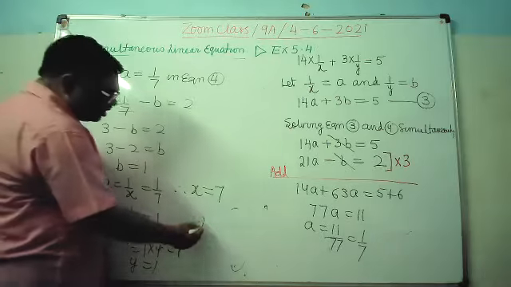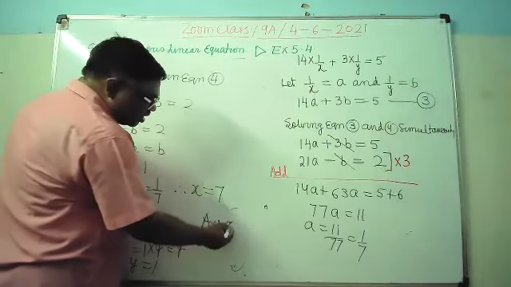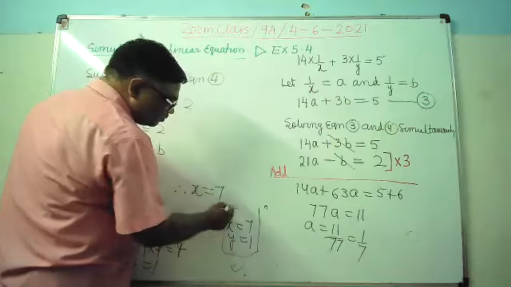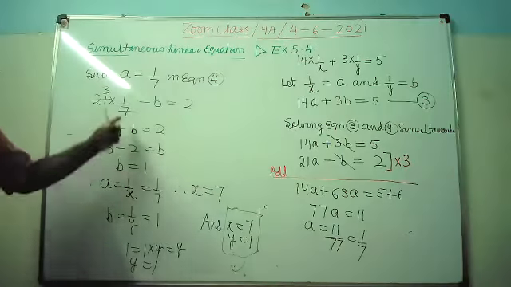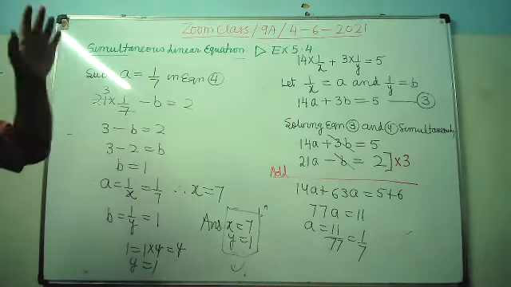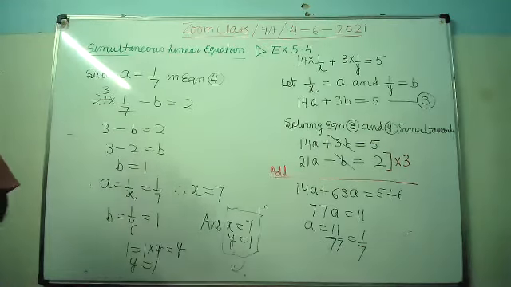So what is the answer? x equals 7, y equals 1. This is a unique solution of this pair of equations. While x equals 0 and y equals 0 is not a unique solution. That will be the solution of every equation of that type.